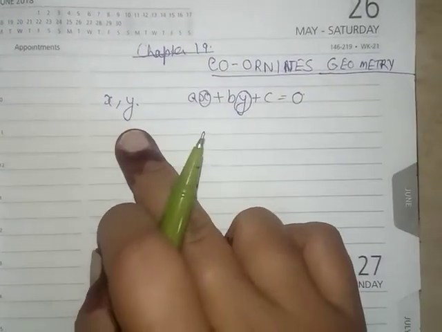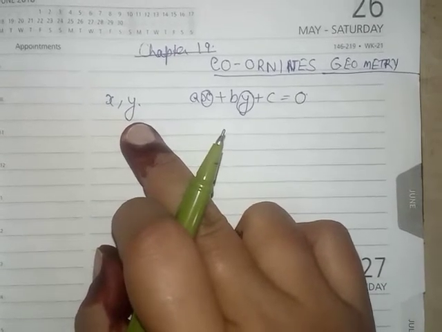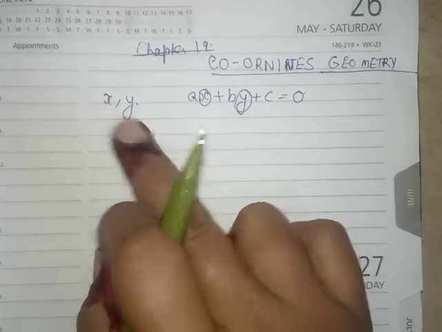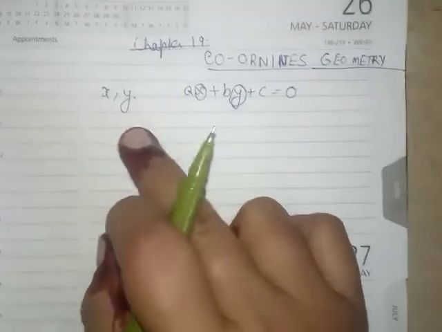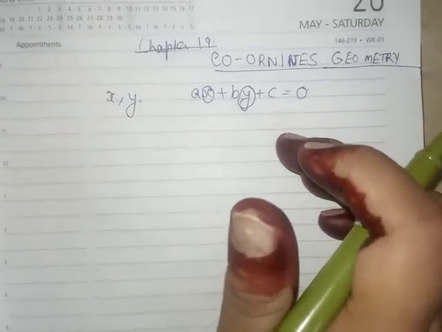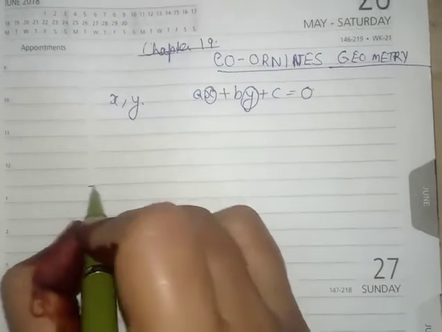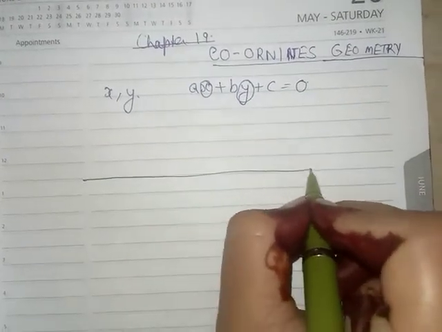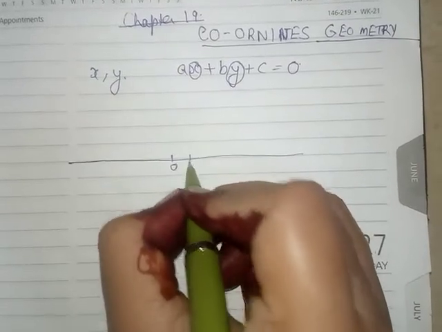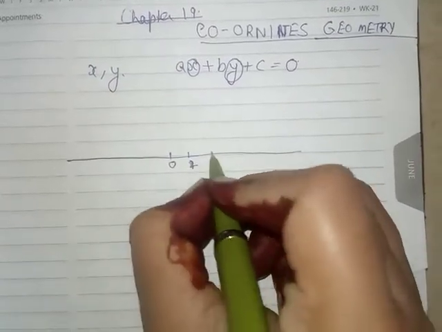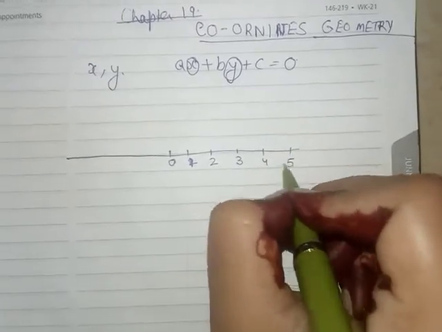This x and y are two numbers, they are two variables. So these variables represent the axis or the plane of a point. Like we have the number line, you all are aware of the number line. This is 0, 1, 2, 3, 4, 5.